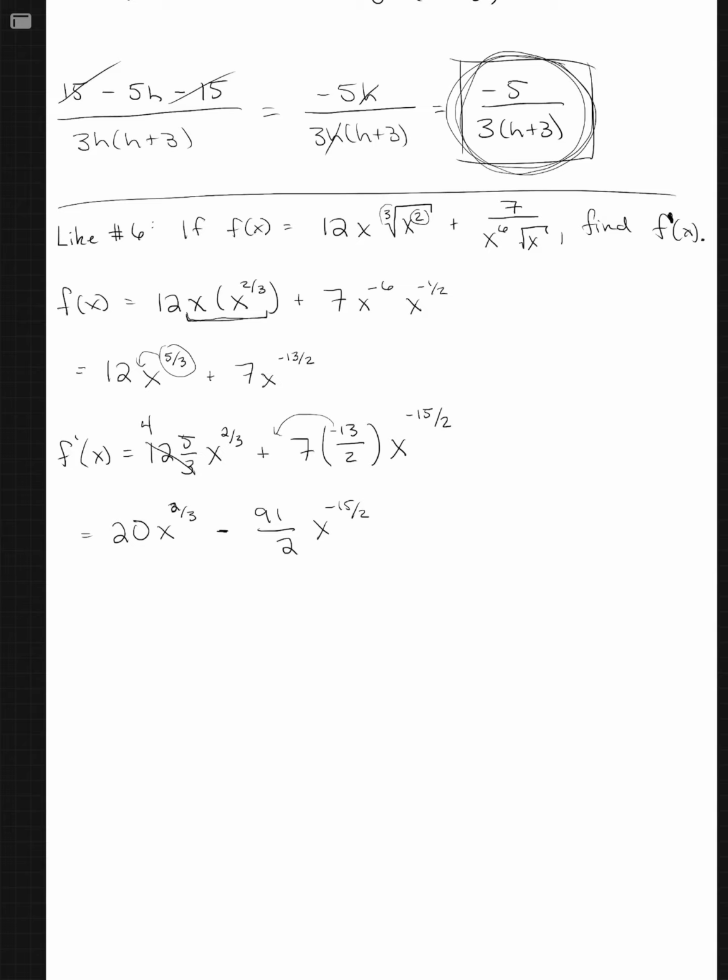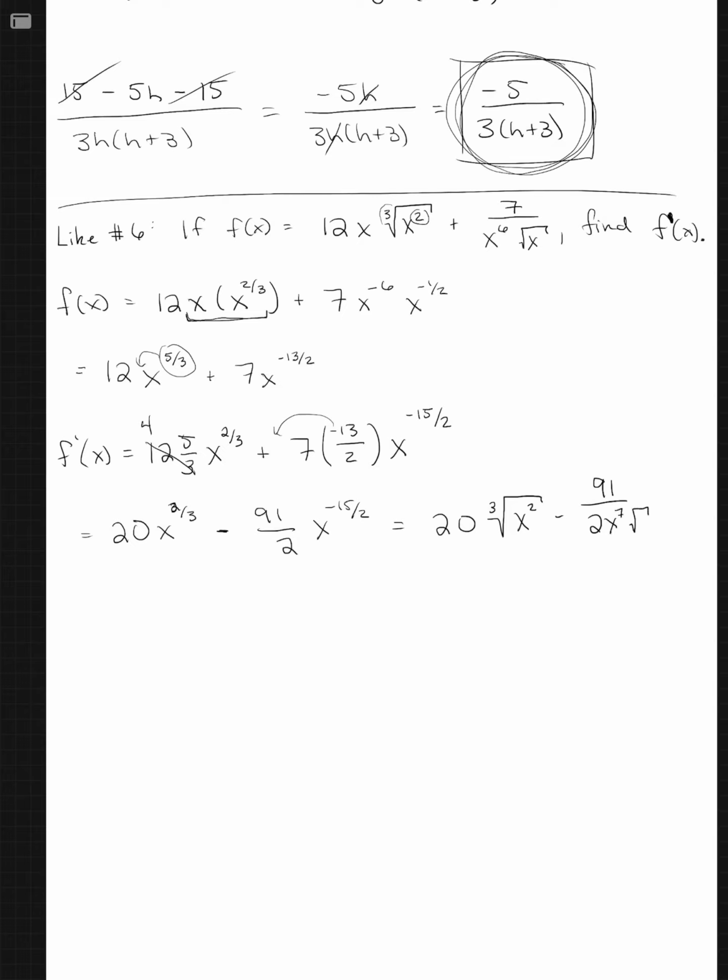And then if we really wanted to, we could translate this back so it looks more like what we started with. That x to the 2/3 becomes the cube root of x squared. The negative power means that this goes to the denominator and becomes positive. And 15/2 is 7.5.